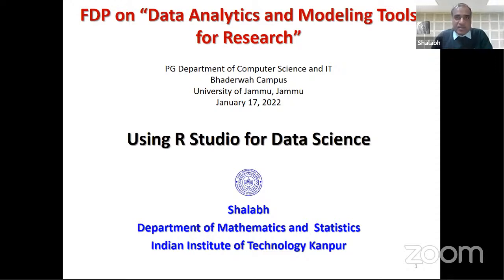The first thing is this: it is a free software. As a student, or even as an individual, we may not be able to spend much to buy a good software. So R is helping us, providing all the updated software, and the updates are free for life. That is the first thing.